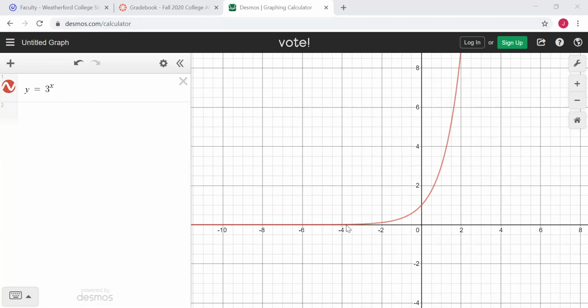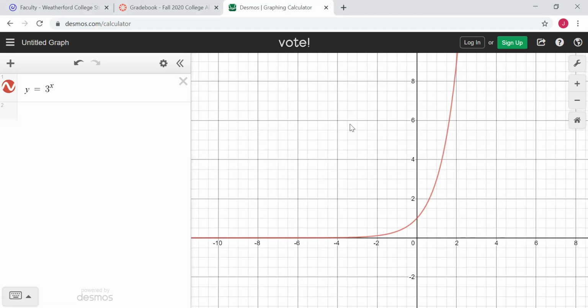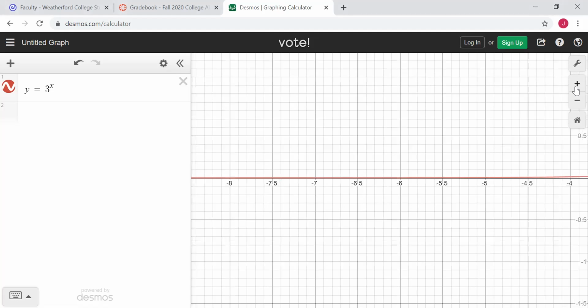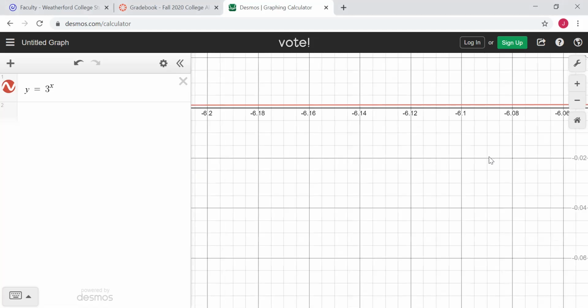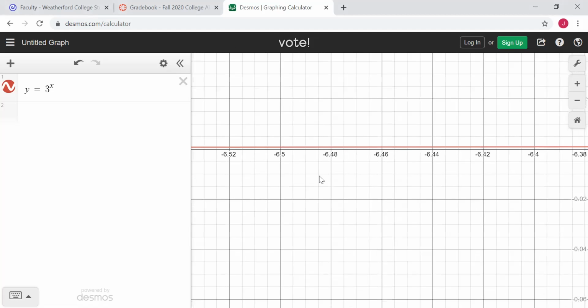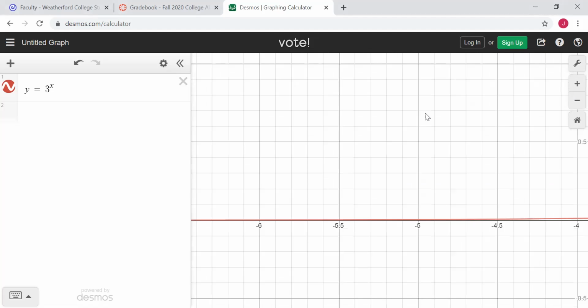Thus, notice we have an increasing function. As I go from left to right, it is indeed increasing. It's going to increase on to positive infinity. It's never going to go below the x-axis. In fact, if I zoom way in, it's going to keep getting closer and closer without ever actually touching the x-axis, which is exactly what it means to be a horizontal asymptote in this case.